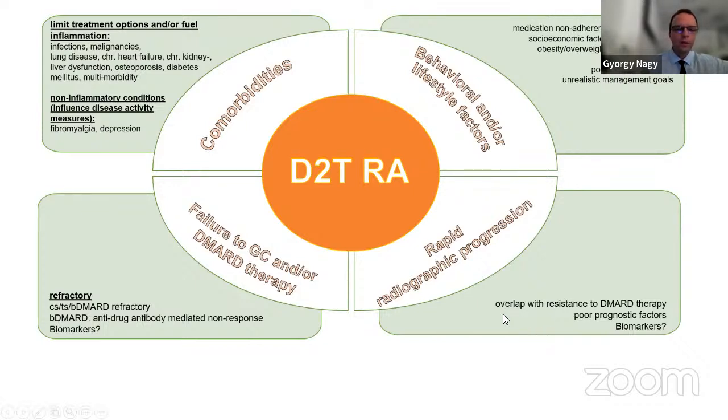This rapid progression happens frequently in the context of failure of different kinds of medications, but may also happen sometimes if the disease activity is not so high, measured by DAS28, as was mentioned by Chris. So that's why it was considered separately as well. All these factors may coexist and may represent a real clinical challenge in everyday practice.